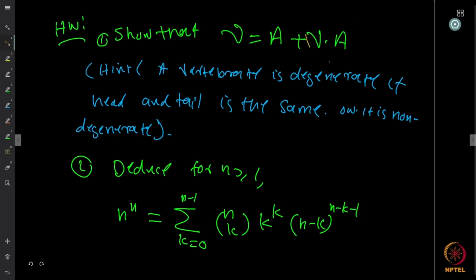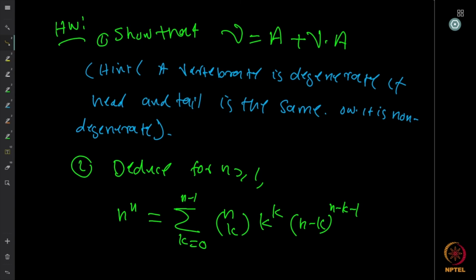Now, to prove this, I give a hint. The hint is that a vertebrate is said to be degenerate if the head and tail are the same; otherwise, it is non-degenerate. Take the vertebrate and look at whether it is degenerate or not.